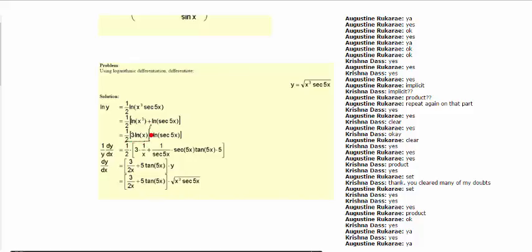Now we just have to consider ln secant 5x. So what are we going to do here? You can see there's a function which is secant and there's one more function inside it. So what are we going to do first?